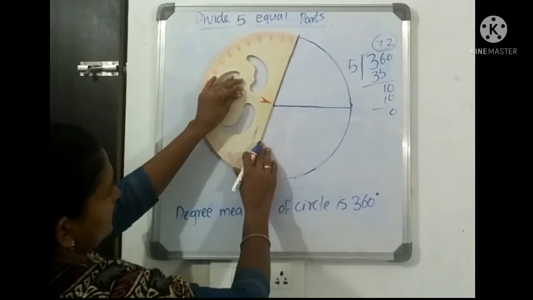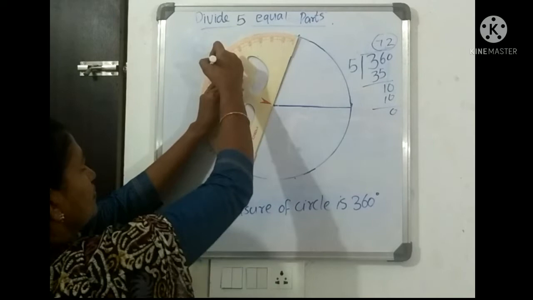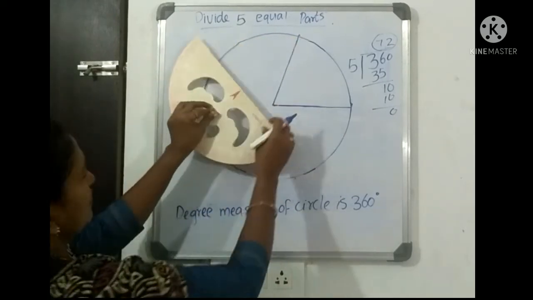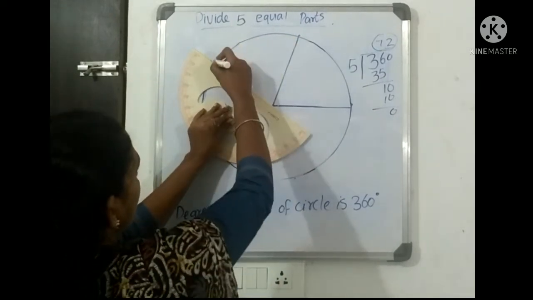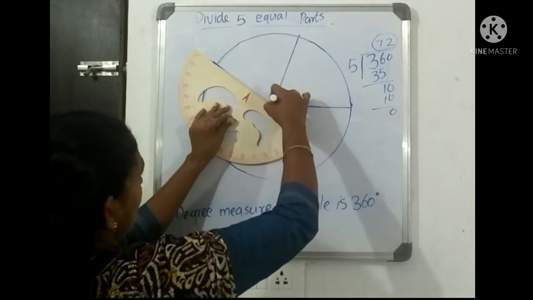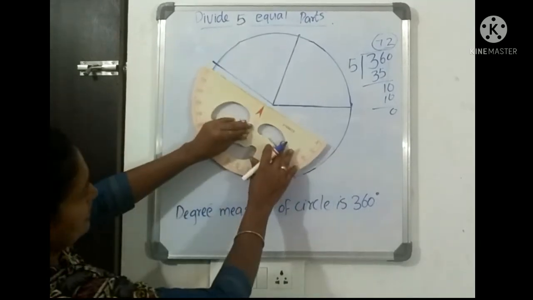Next, again take 72 degrees. It is coming here. Then draw one line. Again take 72 degrees.